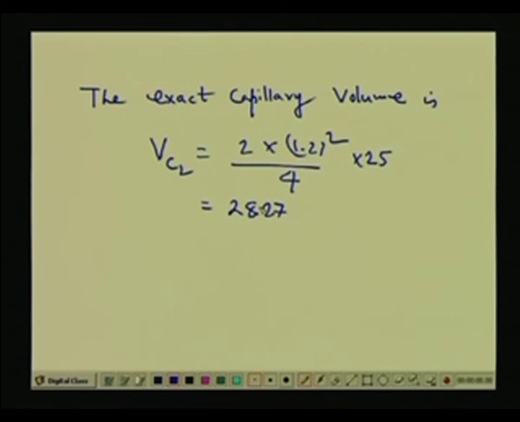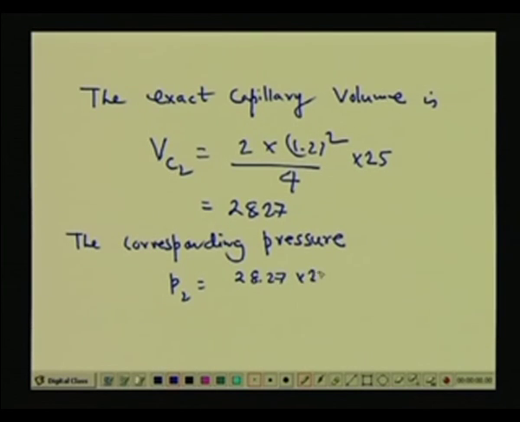So, the corresponding pressure P2 is 28.27 into 25 upon 11 into 10 to the power 4 minus 28.27, which is equal to 0.00642 torr.